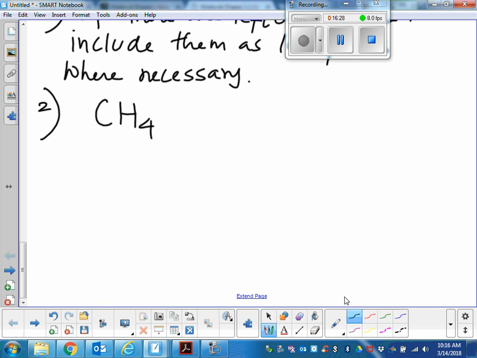Is it 4 for carbon, each hydrogen giving 1, a total of 8? So if I choose a symmetrical arrangement, I will put carbon in the middle, and I will arrange 4 hydrogens on the 4 sides. I need at least a bond between them.